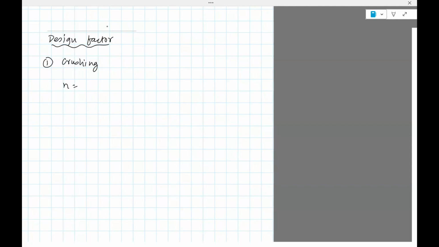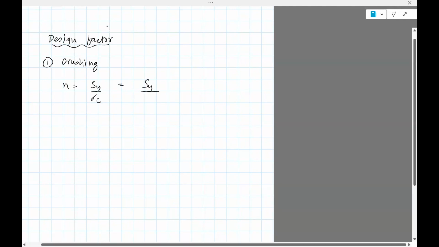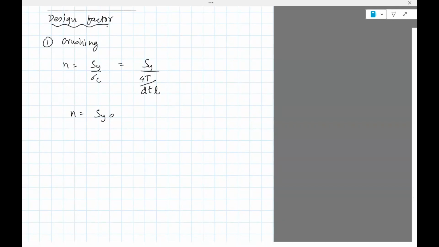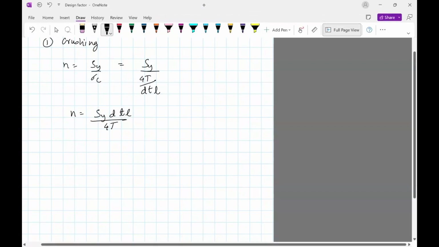Here N is Sy divided by sigma C. I'm just going to put the formula for sigma C. It's 4T divided by dTL. So N is Sy dTL divided by 4T. That's the formula.